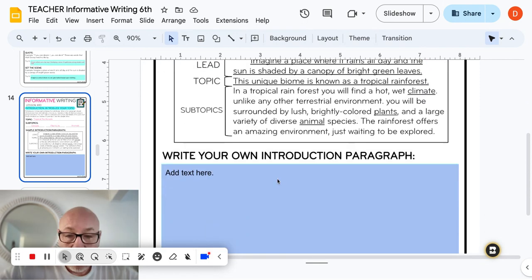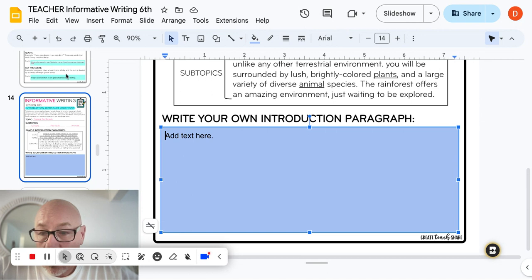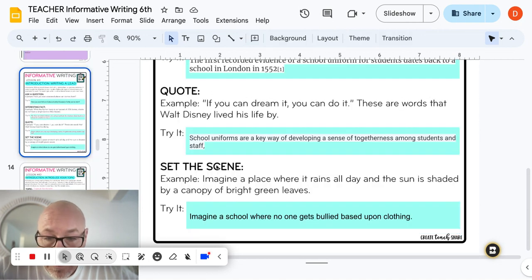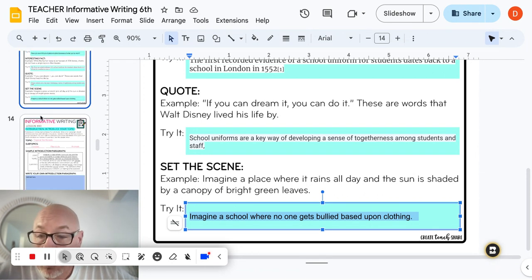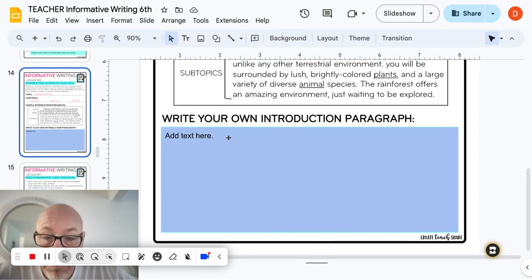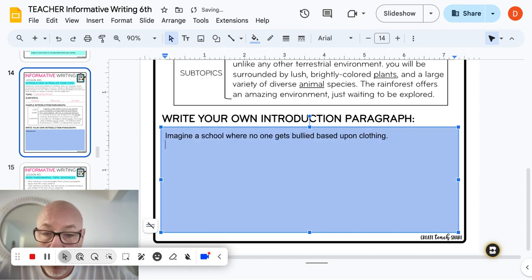In this case, what I'm going to do is start off with this. Imagine a school where no one gets bullied based upon their clothing. I'm going to just copy that. That's going to be my first sentence for my introductory paragraph. Notice I am on number 14.